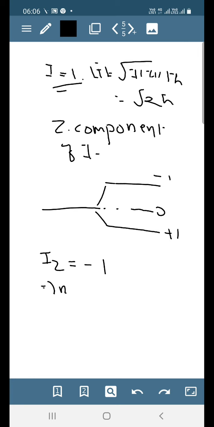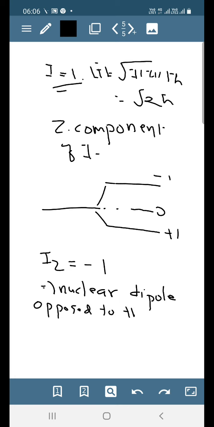Since the nuclear dipole is opposed to that of the magnetic field, it has got a high energy associated with it.